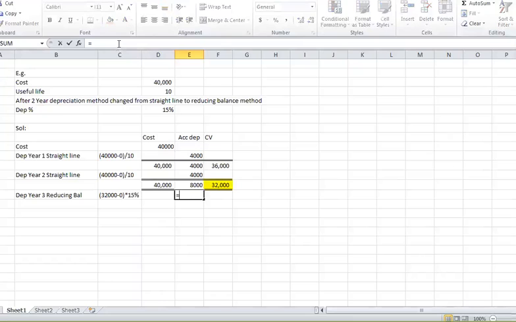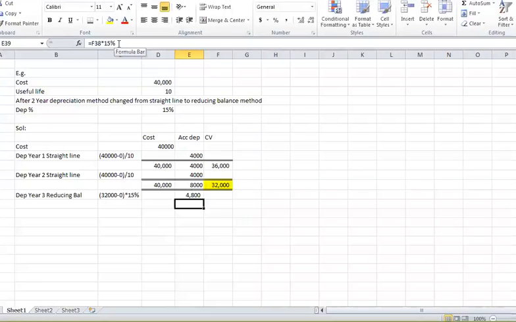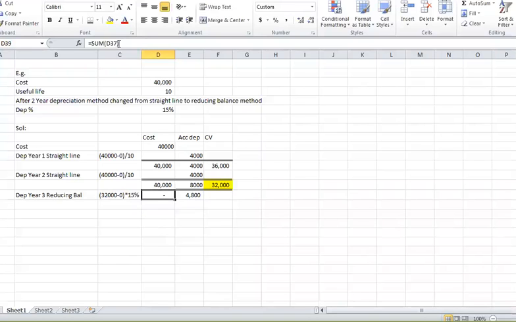So equal to 32,000 pounds multiplied by 15%. So now depreciation is 4,800. Cost will remain same.